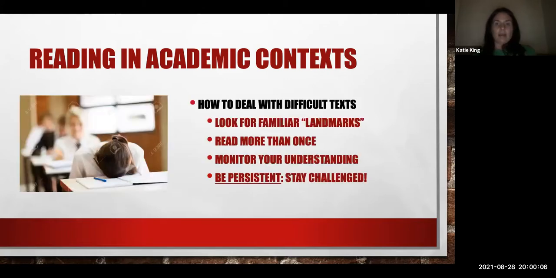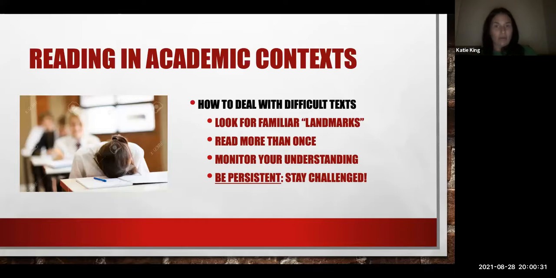All right. I put this picture in here because I know, again, sometimes when we're grappling with text, we want to just give up and go, forget it, because some of them are difficult. Not all of these texts we grapple with are going to be the easiest thing in the world. So how do we deal with difficult texts?